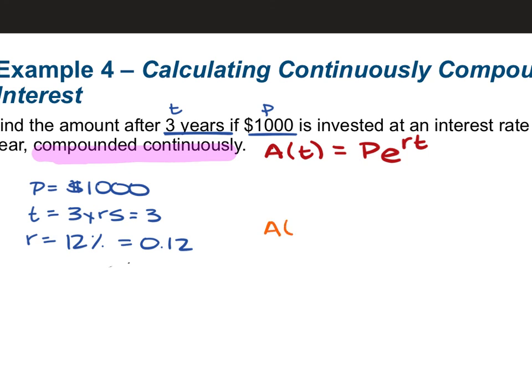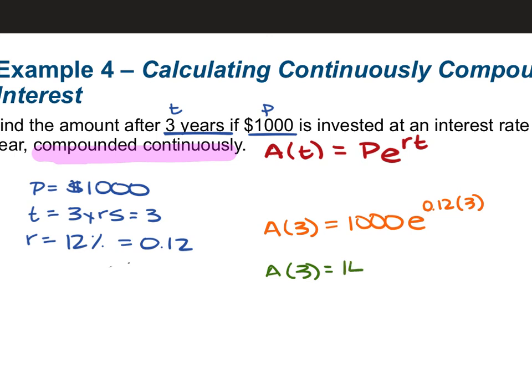We plug this into our formula. A of t, we're doing 3 years, so that's A of 3, is equal to our principal, which is 1,000, times e to the power of our rate as a decimal, so 0.12, times t, which is 3. We're going to use our calculator. We have 1,000 times e to the power of 0.12 times 3.